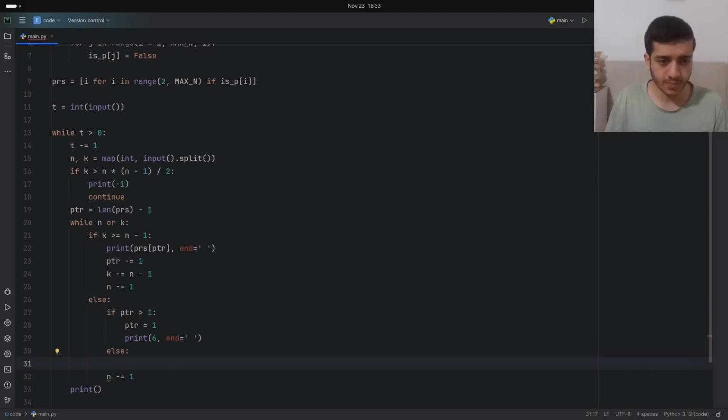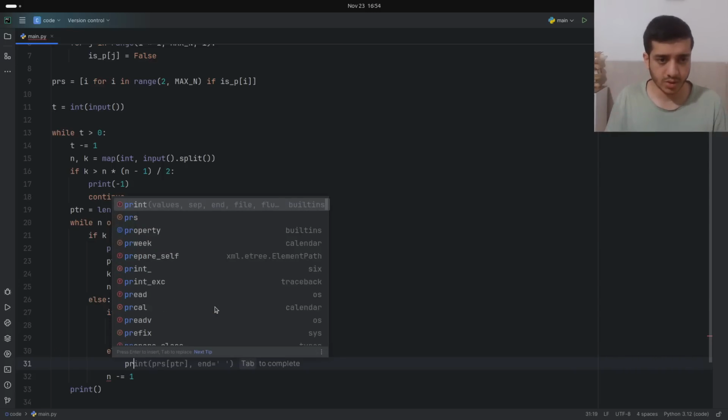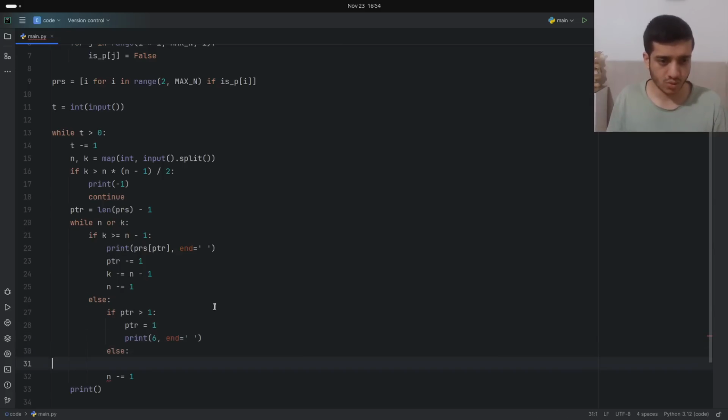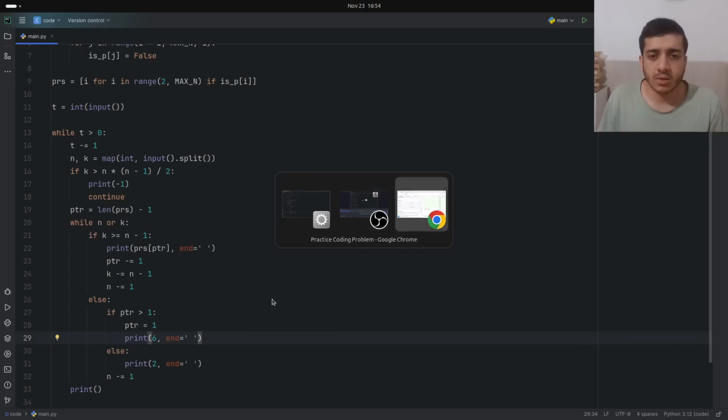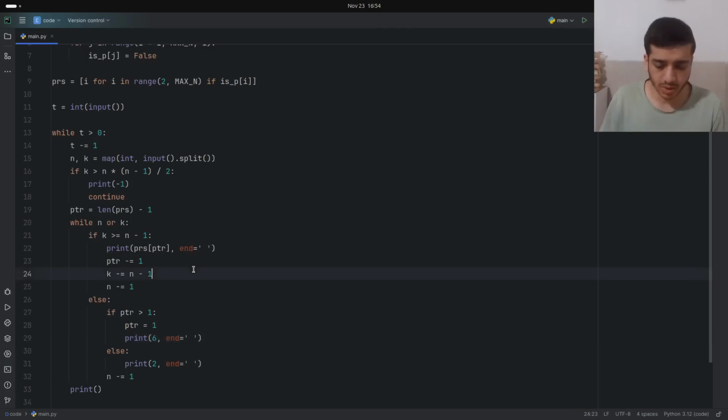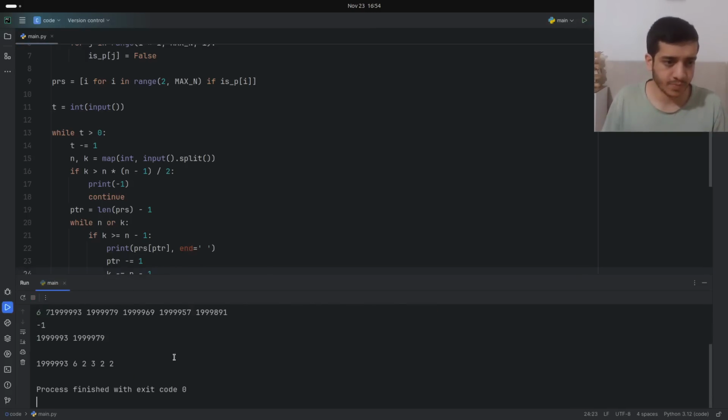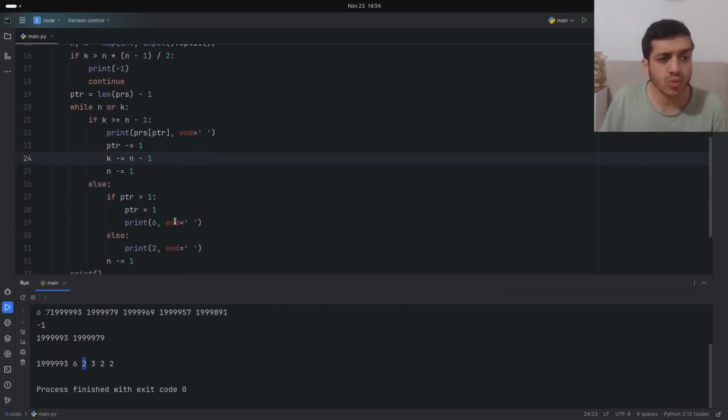Else we print 2. I believe that will work. Six, 2.